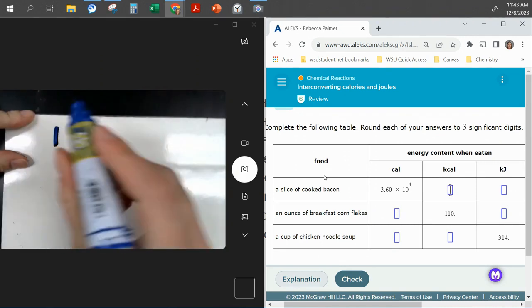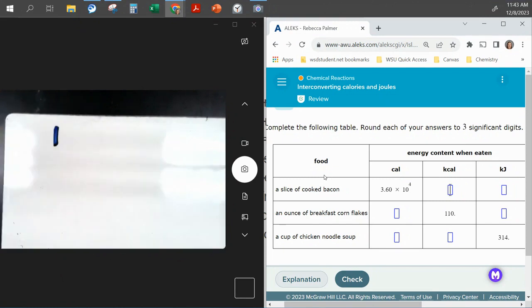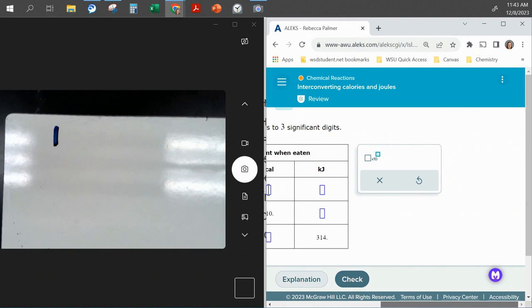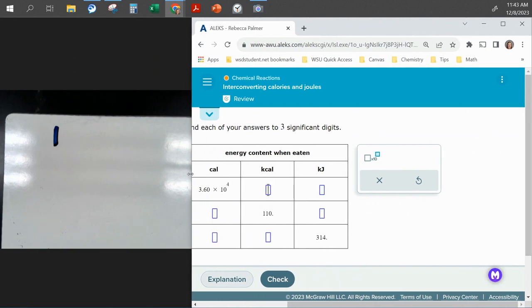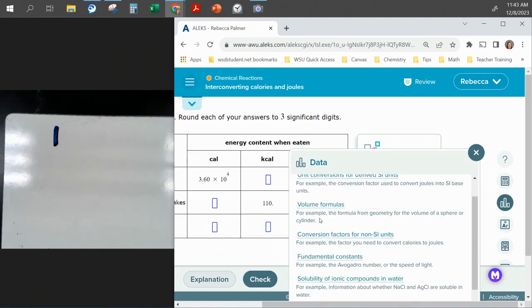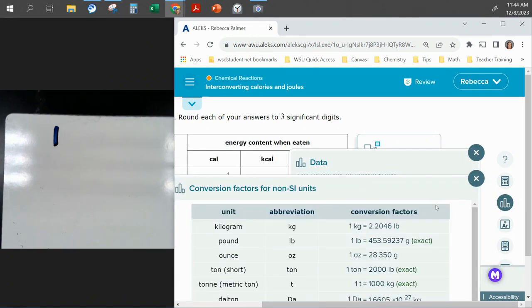Okay, so we need this conversion factor. Let me look it up to make sure I'm telling you the right one. But I will put this on my note card if I'm taking the test. This is in the conversion factors for non-SI units.